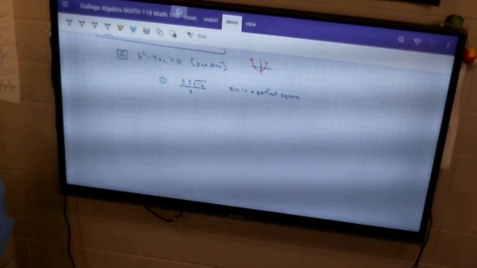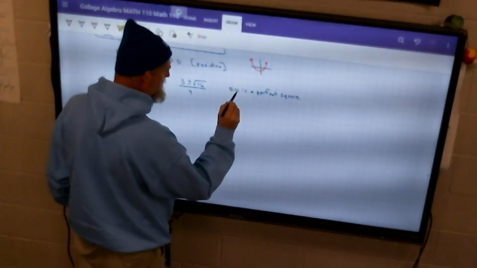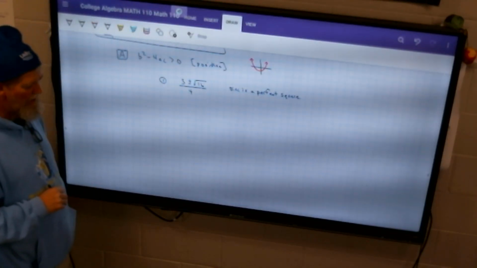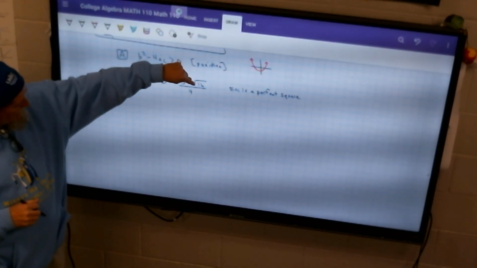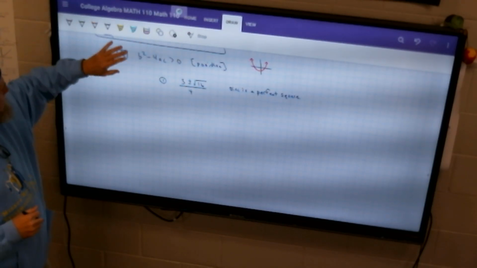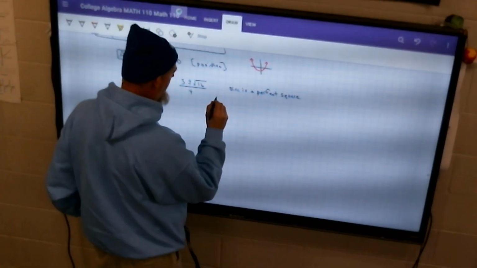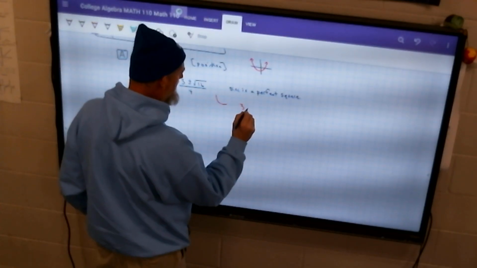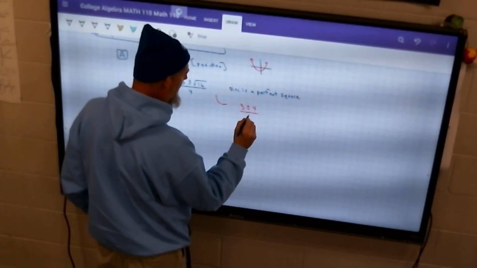This probably involves the most work. The discriminant is a perfect square. Because when I look at that discriminant underneath that radical, it's 16. What's the square root of 16? 4. So then I know that I have 3 plus or minus 4 divided by 4.